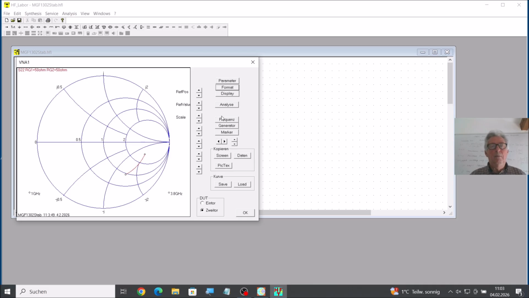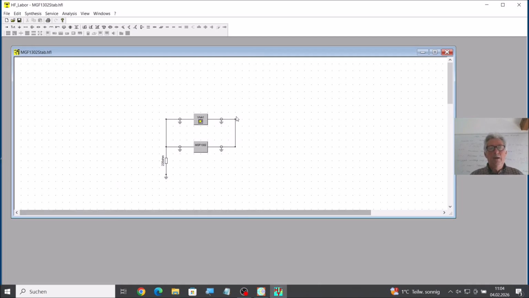So this is our parameter S22, and we can again use the marker to go to the frequency of 2.4 gigahertz. So here it's a marker, and now I will connect our matching circuit to the output.